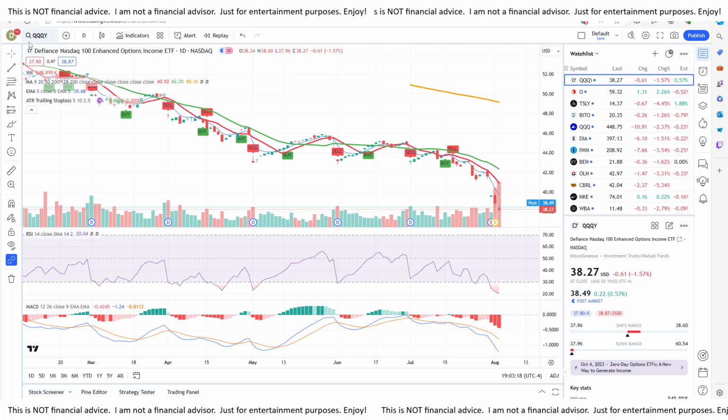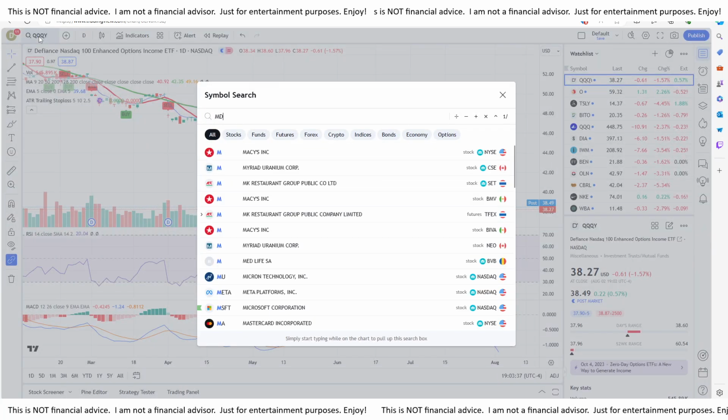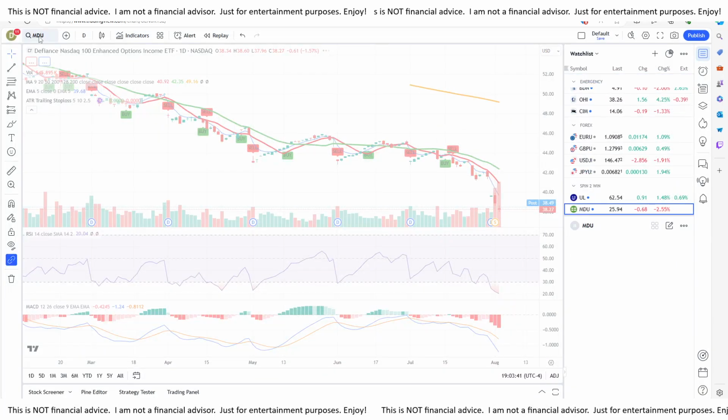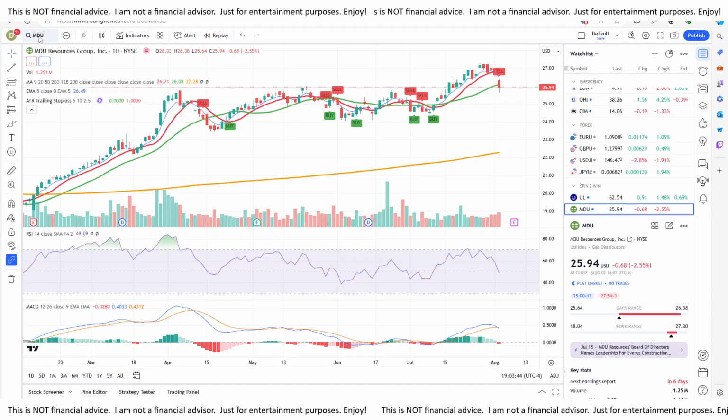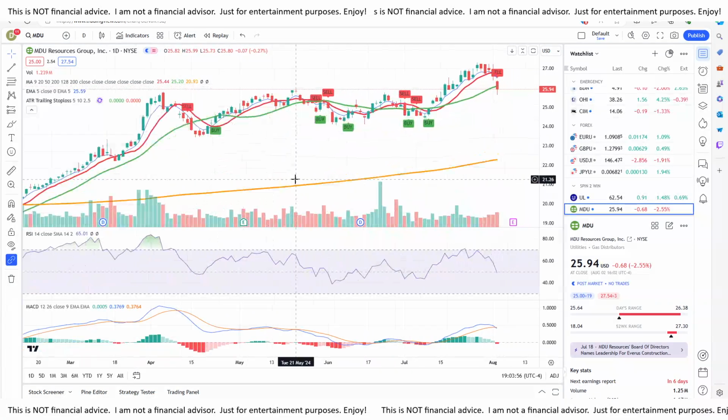And then we go to spin-off land. So it looks like MDU is the lower of the two. We've been buying Unilever, but MDU is the one. And you can see we made a lot of money on this one. Not bad. Not bad at all.